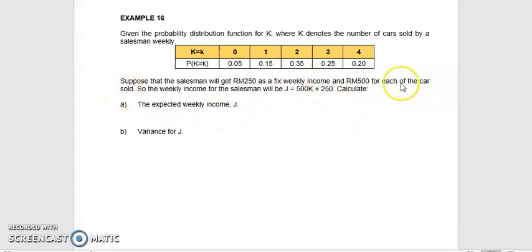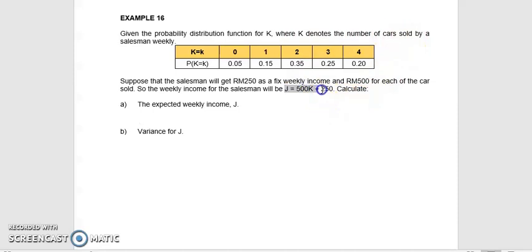So the weekly income J equals 500K plus 250. The 250 is fixed, so it is the constant, and for each car sold you get 500 ringgit, so 500 multiplied by K, where K denotes the number of cars sold.